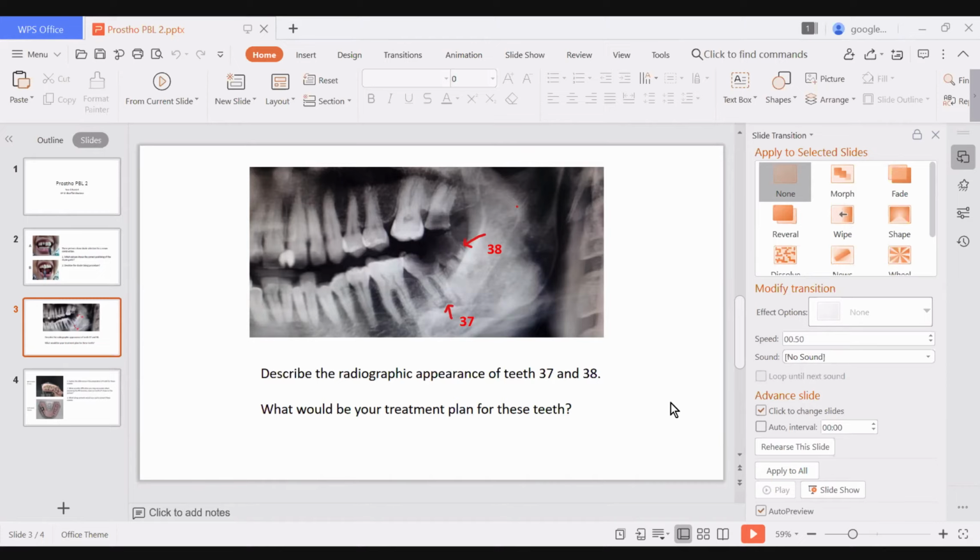Okay. Anybody? Who are you? Aina. Okay. Anybody want to add or give their radiographic appearance of 37 and 38? There is discontinuity of the lamina dura in 37.